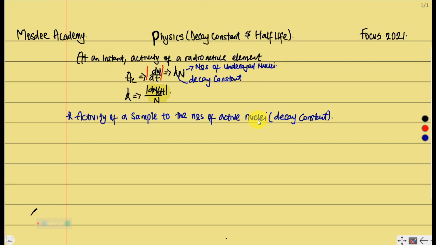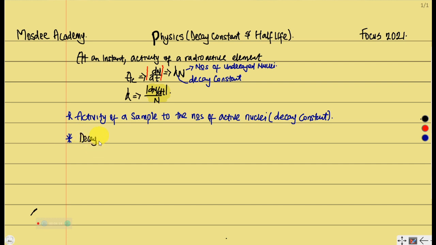Now, the decay constant is also used for the measurement of stability of a radioactive element. Another important thing to keep in mind is that the constant in physics is also used for measuring stability. So maybe we should write that as well.